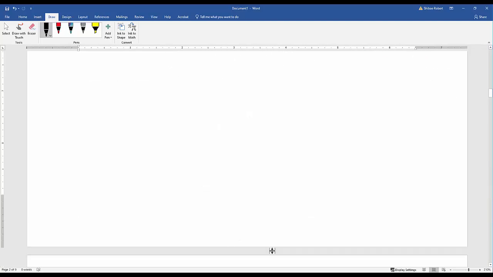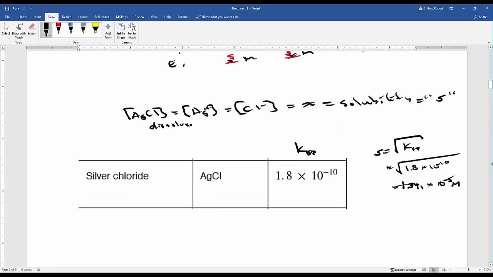Then let's calculate what it's going to come out to. Times 143.32 grams per mole. So what's that going to give us?